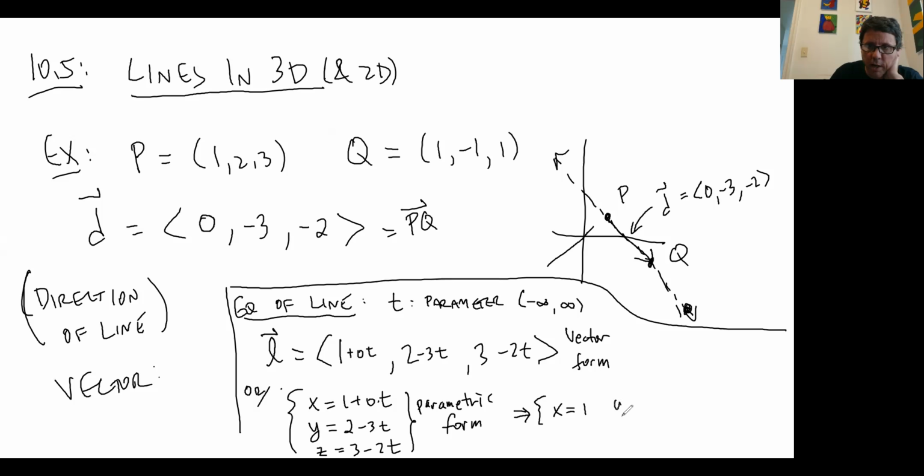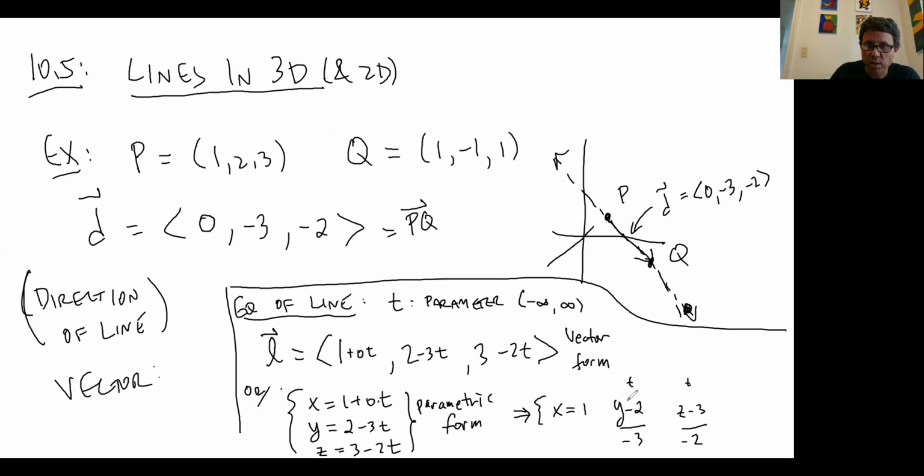I'll get y minus 2 divided by negative 3. So move the 2 over and divide by negative 3. And that'll be t. How about in the last equation? I want to solve for t. I bring the 3 over, so subtract 3 and divide by negative 2. And that will also be t. So this is equal to t, and this is also equal to t. So I'll do z minus 3 over negative 2.